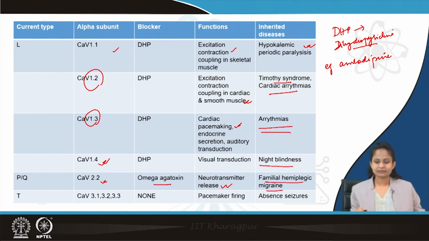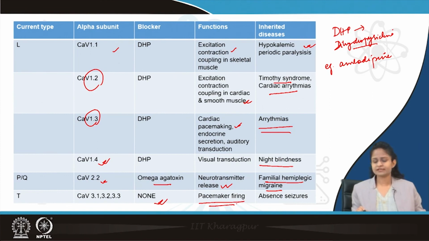We see familial hemiplegic migraine, and the T type of calcium channels that I already told you, they are insensitive to the conventional antagonists or calcium channel blockers. So, we do not have any blocker as such for the T type, or the transient type, of calcium channels, but these T type of calcium channels are also very much present in the pacemaker firing.